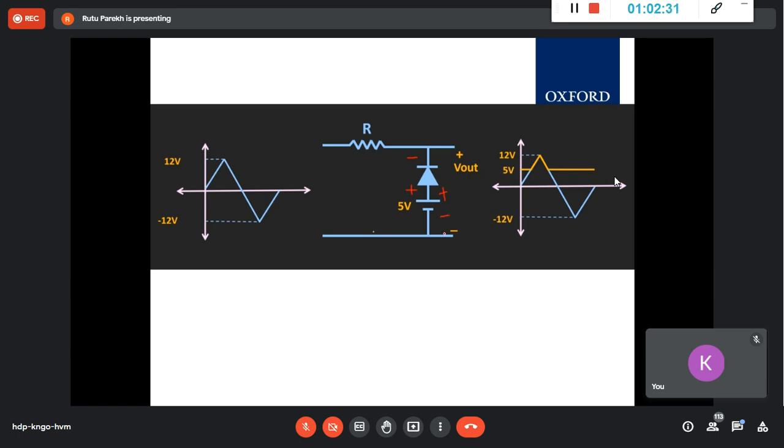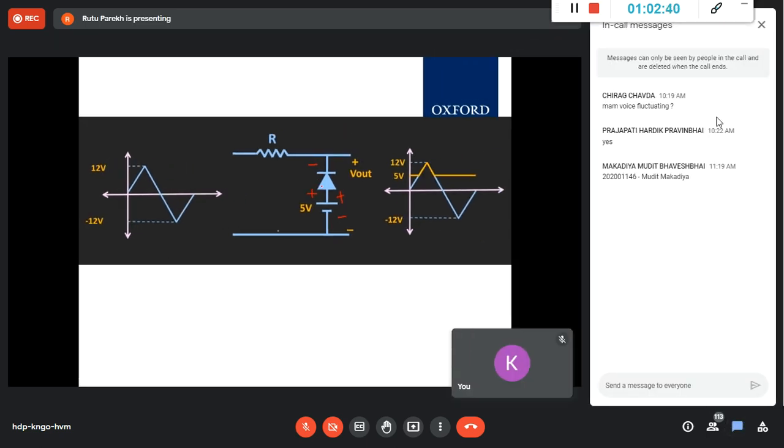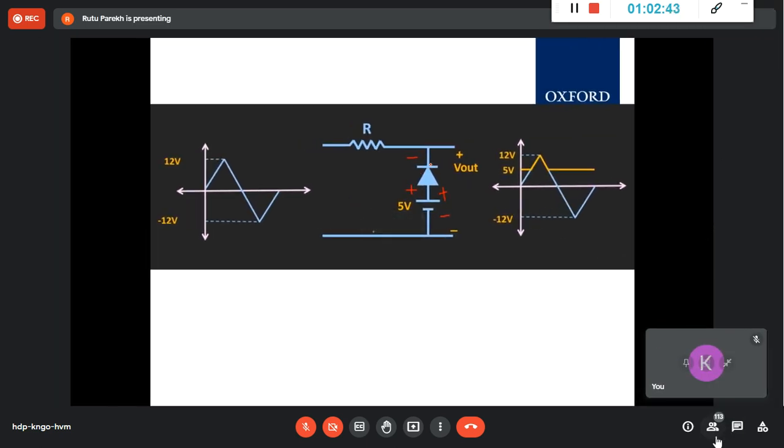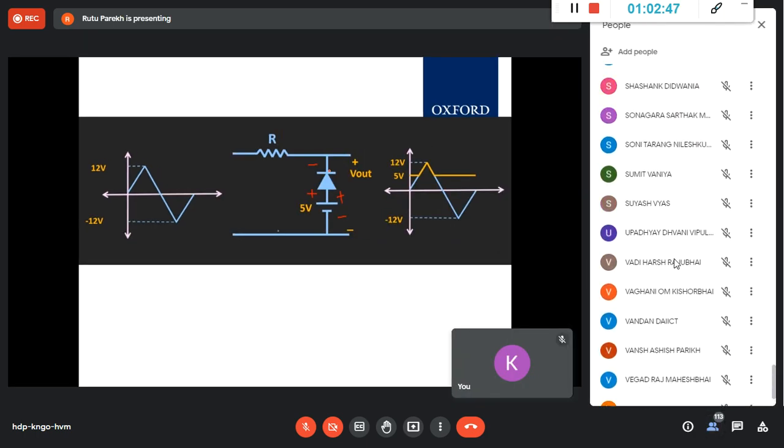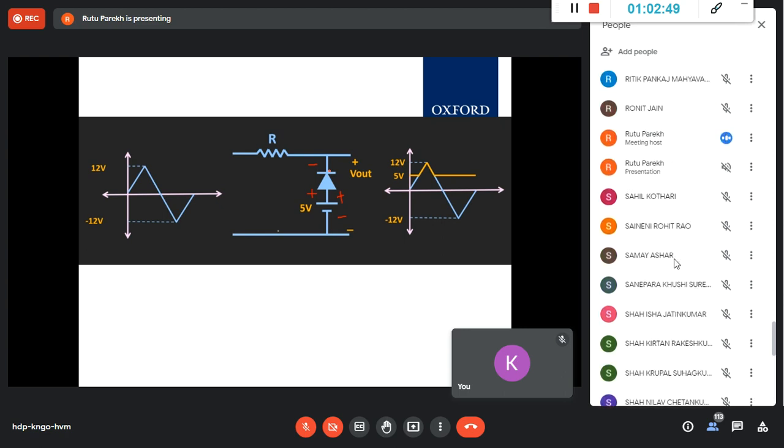But let's say you consider this as an ideal diode. Ma'am, when the input voltage is less than 5 volt. Take an ideal diode. Okay, you start that. Yes. This is an ideal diode, and your homework will be to take this as 0.7. That will be your homework, right? Tell me for the ideal diode.